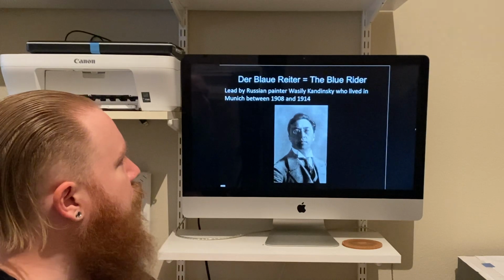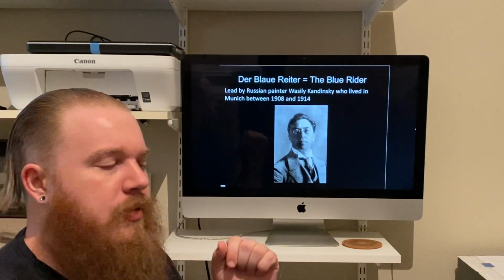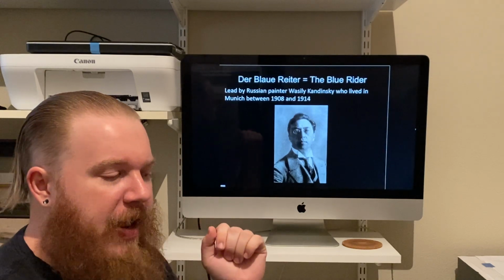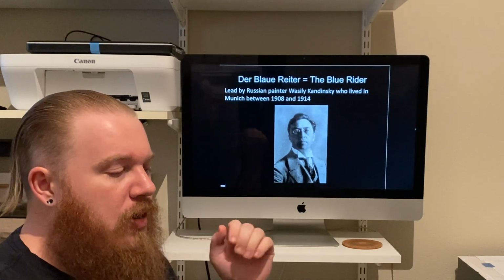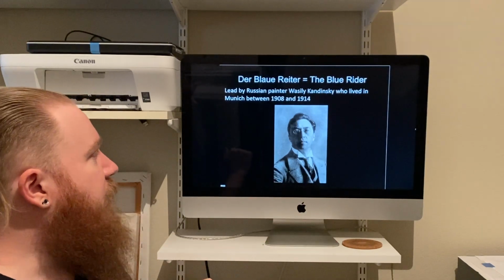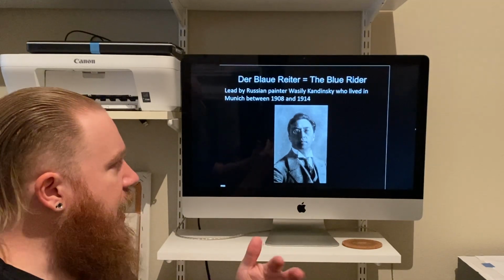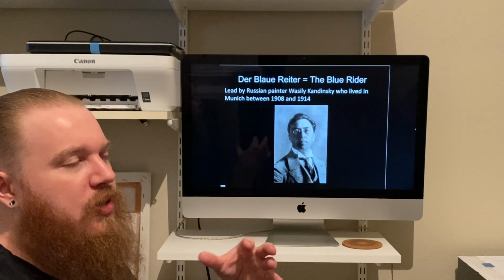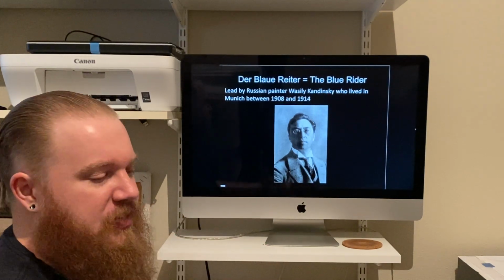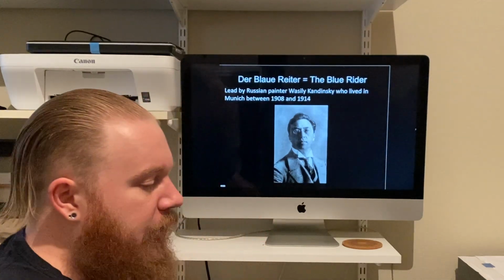Now, aside from Die Brücke, we also have Der Blaue Reiter, or the Blue Rider. This is led largely by the Russian painter Vasily Kandinsky, who lived in Munich between 1908 and 1914. So here we can see Vasily Kandinsky, and he'll later go on to really embrace pure, non-objective abstraction as his career goes forward.